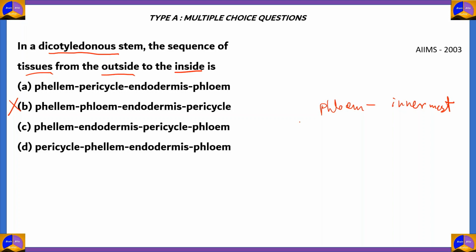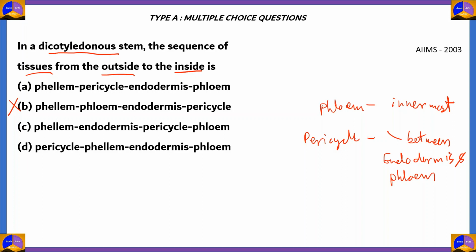Now, if you've studied the cork cambium in detail and the external bark, you should know that the pericycle is in between endodermis and phloem.